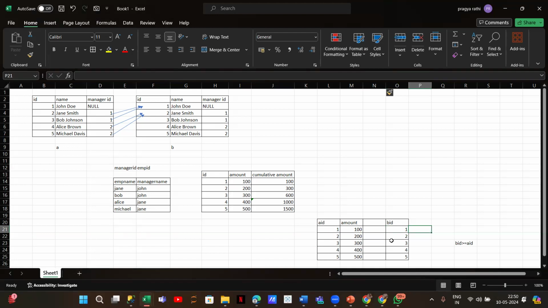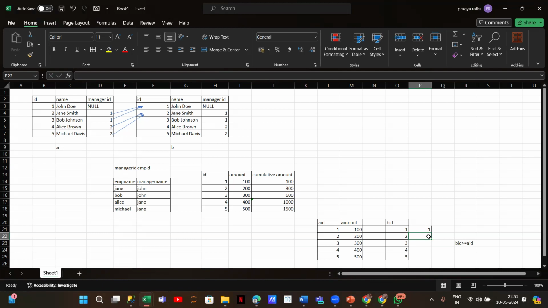So these are my AIDs. Which is equal to or smaller, I'm talking about. So here, which one is smaller or equal? 1, right? 1 is equal to 1. We don't have any smaller than that. What about 2? For 2, what AIDs will I get? I'm not talking about the amount. Forget the amount.